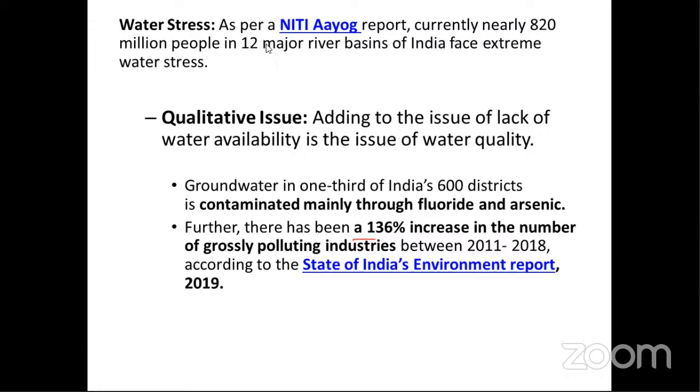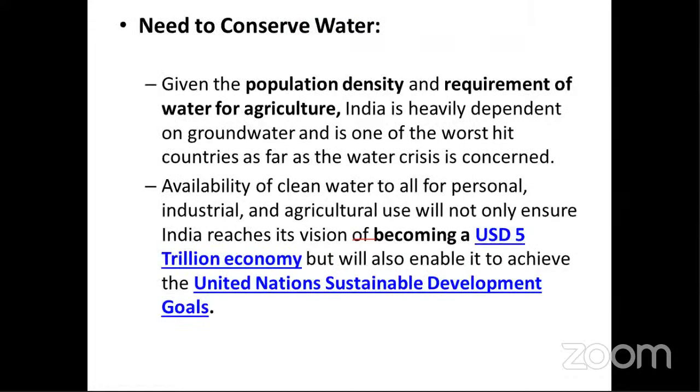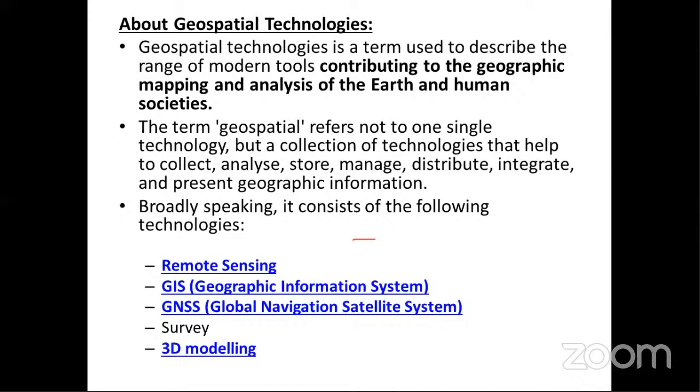Now, the question is, how can you define geospatial technologies? Geospatial technology is a term used to describe the range of modern tools contributing to the geographic mapping and analysis of the earth and human society. It is a type of tool.